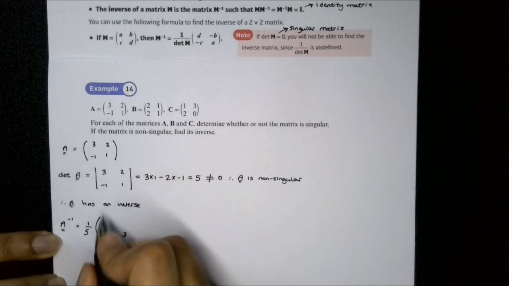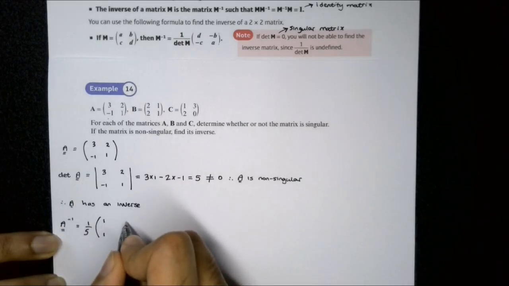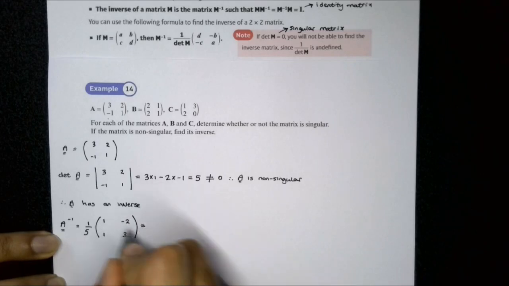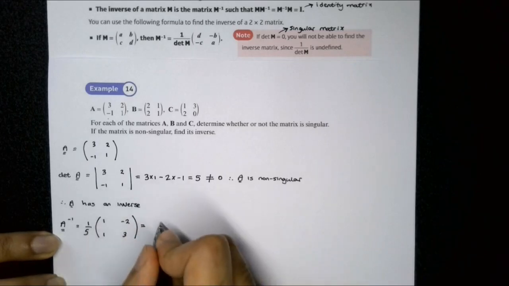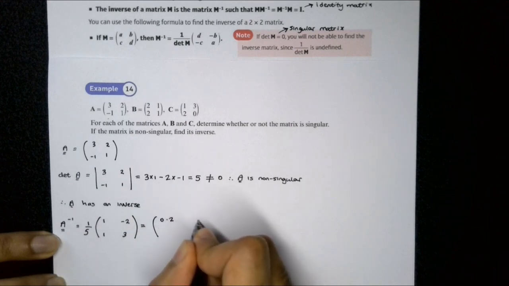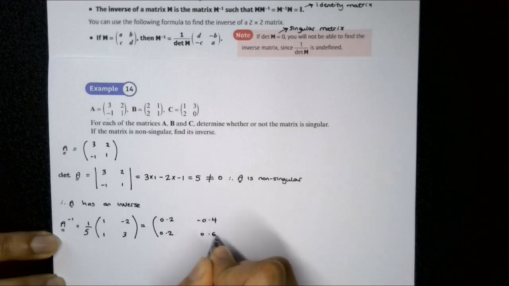So -1 times -1, that's 1. 2 times -1, that will be -2. And if you want, you can multiply the 1/5 into the bracket. So we have 0.2, -0.4, 0.2, 0.6.